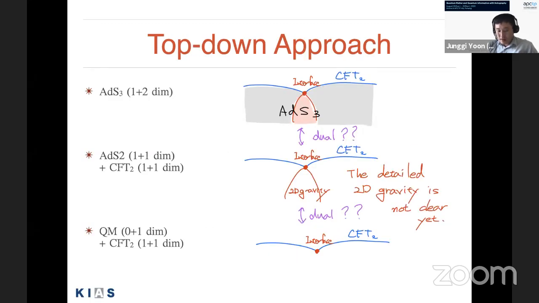The previous approaches were bottom-up, but here we have a concrete AdS3 black hole, so you can consider it a top-down approach. This three-dimensional picture is well defined, and of course, the lower dimensional interface CFT is also well defined. Our proposal is to find some 2D description of this interface degree of freedom. This is the motivation of this paper.